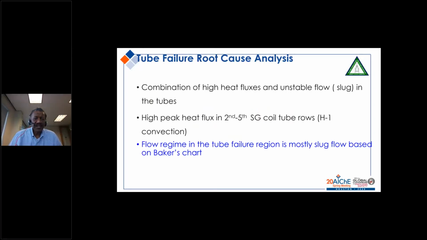And these are the 3 things which we will be addressing. We will take care of the high heat fluxes and unstable flow, try to lower the heat fluxes down, and try to see if we can get rid of the slug flow as per the Baker's chart.